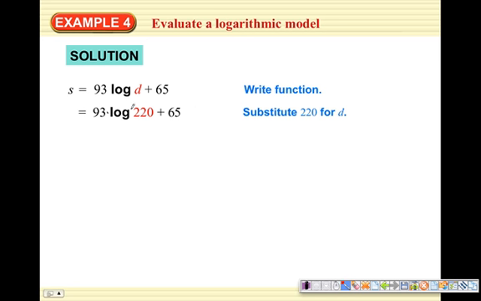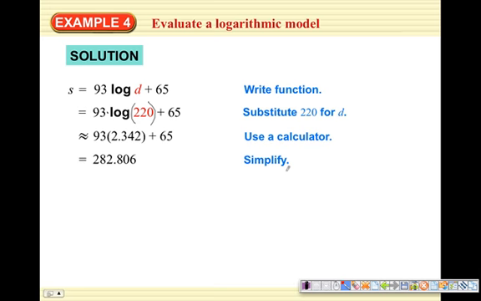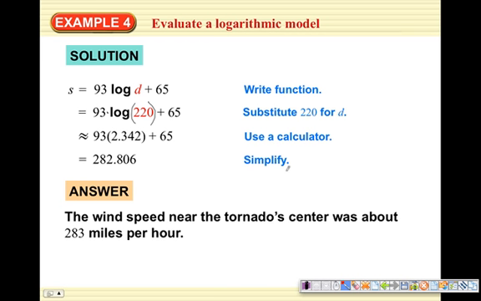Make sure you put that in parentheses. Log of 220 plus 65. Enter. You should get 282.806, and S is the wind speed. That's how much wind speed it is, 283 miles per hour. There you go. There's your word problem for the day, and the end of the first part of section 4. Now on to part 2.